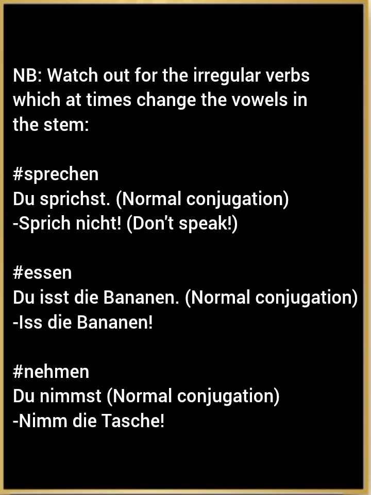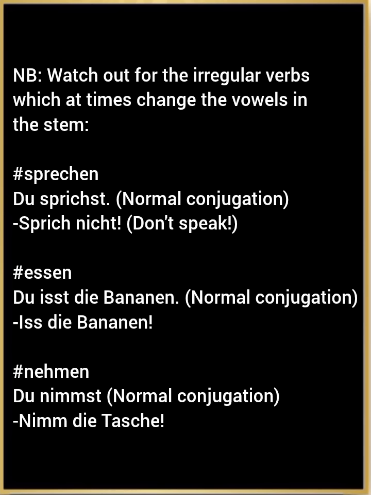Be watchful for the irregular verbs, which at times change some vowels within the verb stem. Here be careful with the irregular ones. They tend to change vowels within the verb stem. Some examples include the verb sprechen.